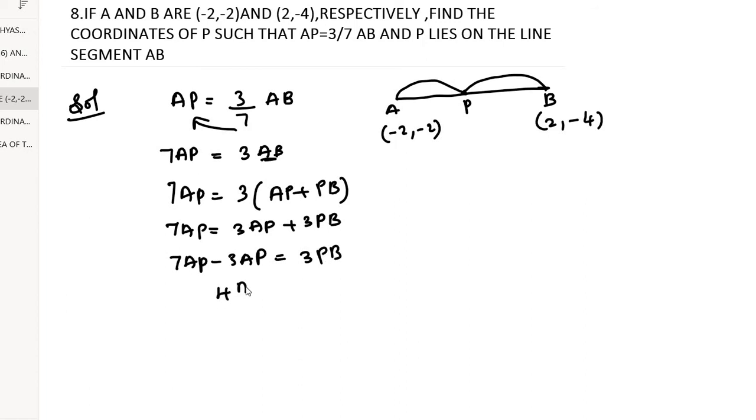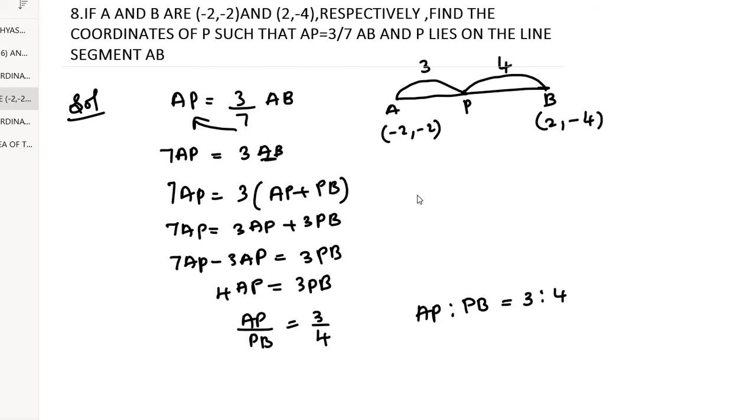This I'll get as 4AP is equal to 3PB. So AP by PB is 3 by 4. That is, AP is to PB is equal to 3 is to 4. The ratio given here is 3 is to 4.